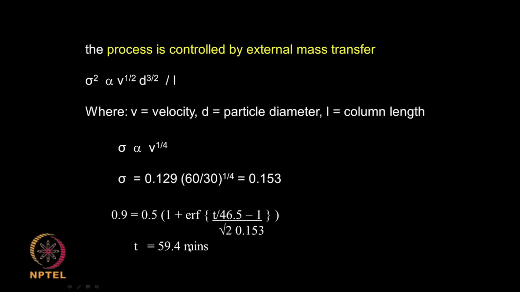So, you see that if it is internal pore diffusion, you have different sigma, but your retention time is the same of course when you double the velocity, but the sigma has changed. When the process is controlled by external mass transfer, your sigma is a function of V raised to the power 1 by 4. So, you get a new sigma. So, the time required to collect is 59.4 minutes.